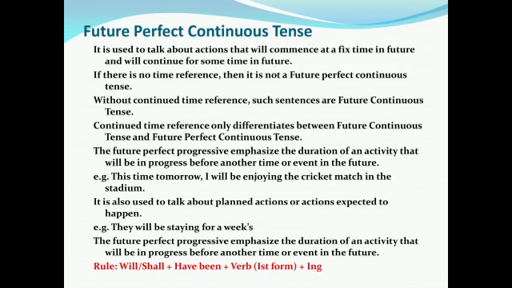Example: this time tomorrow I will be enjoying the cricket match in the stadium. So this time tomorrow means, suppose it is evening, you can say this time tomorrow. That means tomorrow in the evening I will be enjoying a cricket match in the stadium.